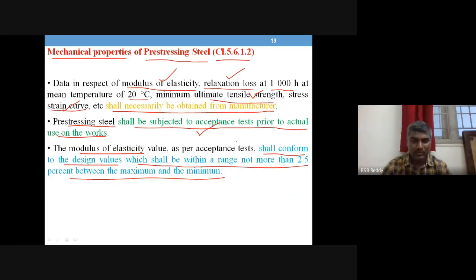Okay, you do the relaxation test, modulus of elasticity test, tensile strength test, likewise the stress strain curve. You just verify whether it is within the permissible limits or not. Okay, it is 2.5% between maximum and minimum values for the samples that you take.